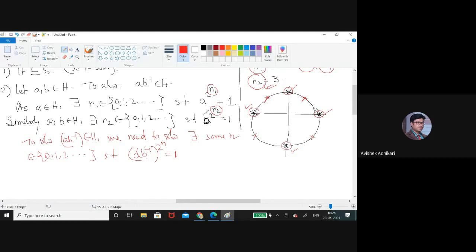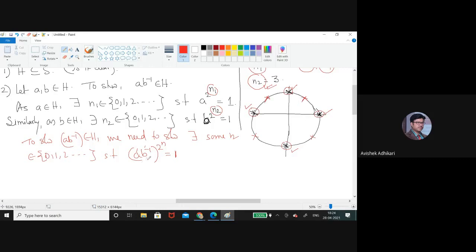So B will have more points, and all the points of A are already included in B because n2 is more, right? So when I am considering A B inverse, that means A is already considered while discussing all the points of B.